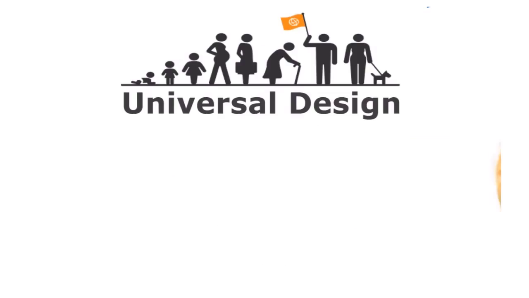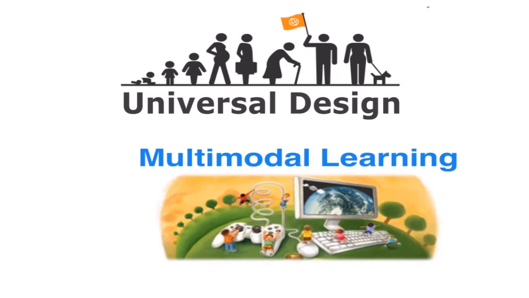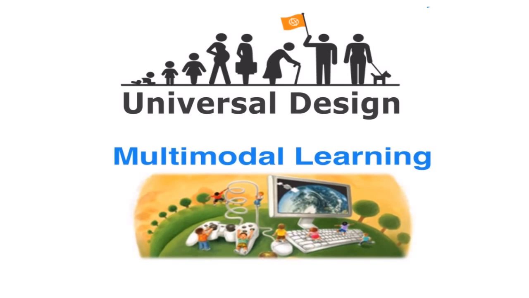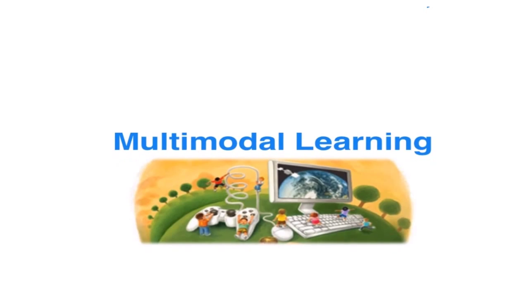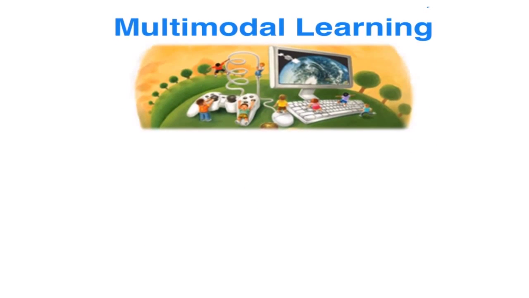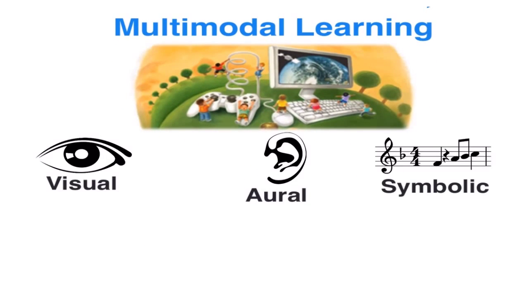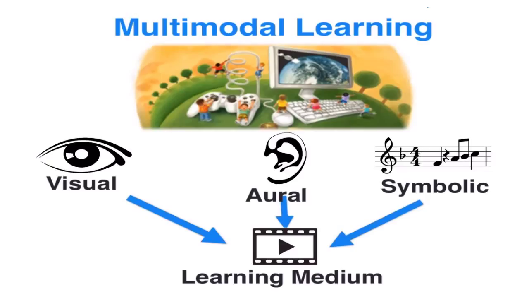One aspect of the second principle of universal design is that information be presented in multiple and often simultaneous ways. This is referred to as multimodal learning. In a nutshell, multimodal learning is the belief that when multiple learning modes are effectively used together, the learner will gain a better understanding of the concept.